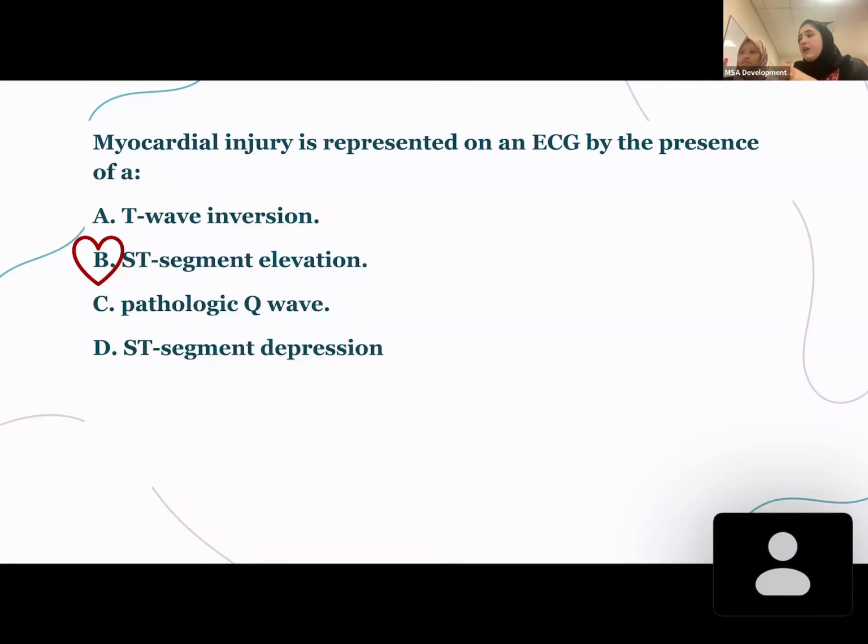As you said, ischemia comes after the acute myocardial infarction, then we have something else. You're going to take this in third year, so just stick to this. So if you have myocardial injury, we're going to have ST segment elevation. Is it clear?